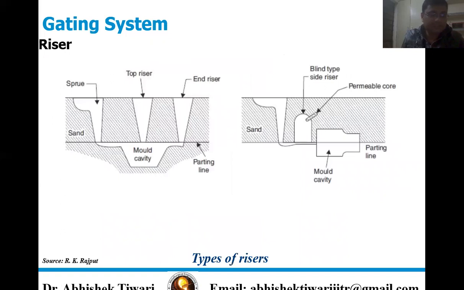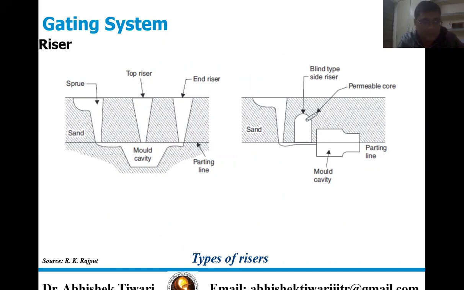Now we discuss the riser. So this is the top riser, this is the end riser, this is the parting line. These are reservoirs designed and located to feed molten metal to the solidifying casting to compensate for solidification shrinkage.